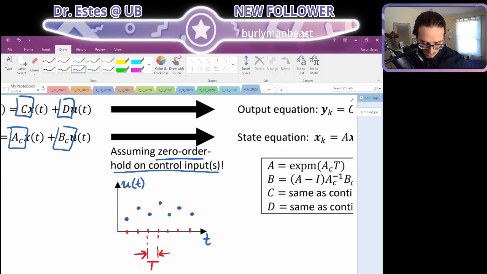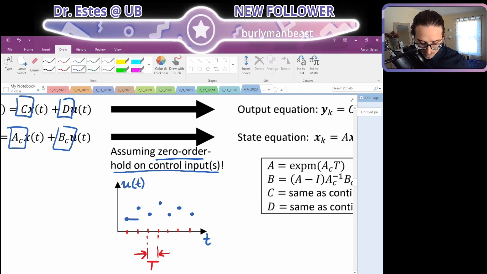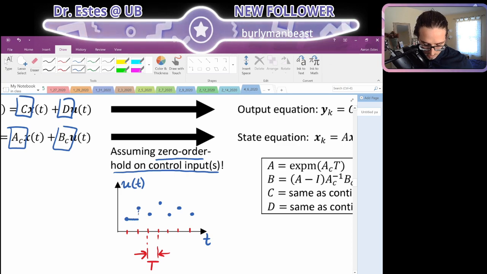And what they do is they say, okay, you gave me this command right here. Until you give me the next command, I'm just going to hold this fixed. And then when you give me the next update, okay, now I'm going to switch to this and hold it. And then you're going to give me the next one and I'm going to hold it.